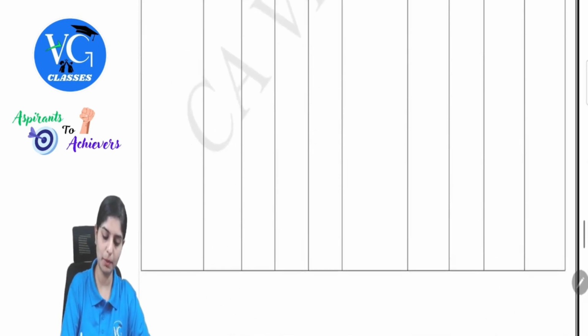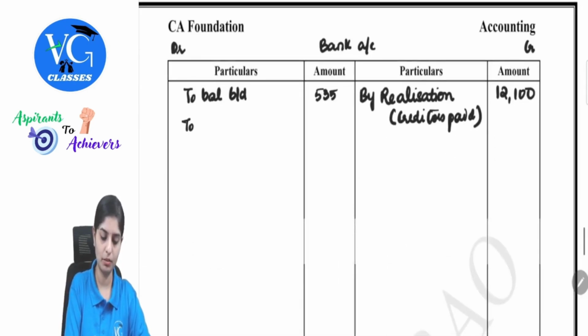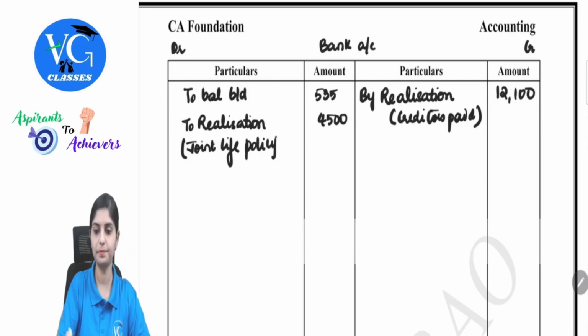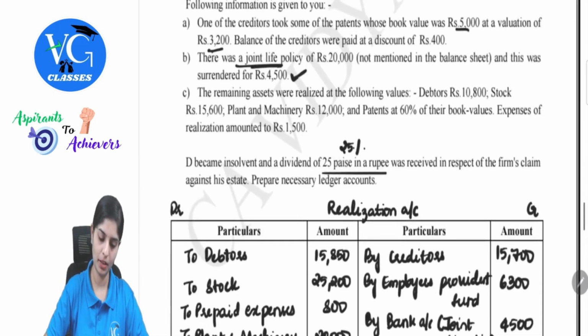To realization, in bank, to realization 4,500. Joint life policy.